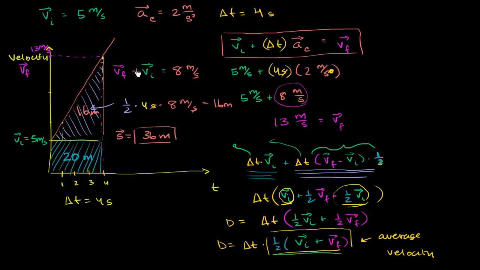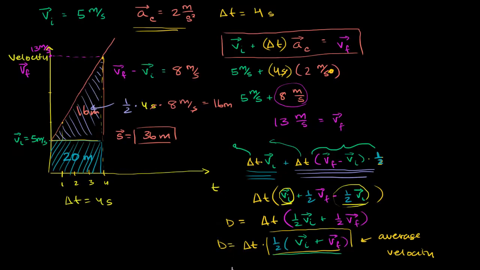If you do have a constant acceleration like this, you can assume that the average velocity is the average of the initial velocity and the final velocity. If this was a curve, if the acceleration was changing, you could not do that.